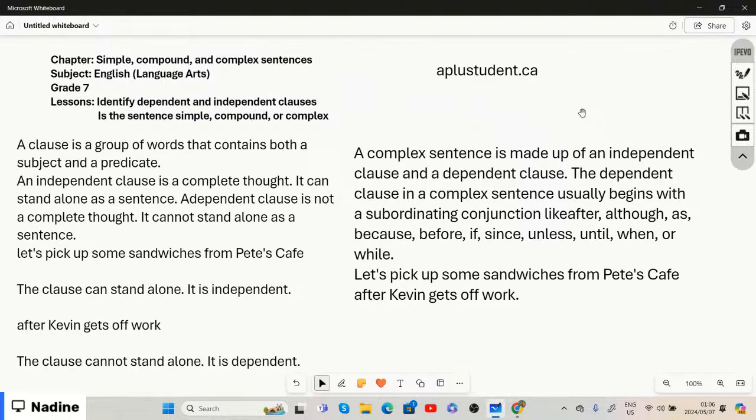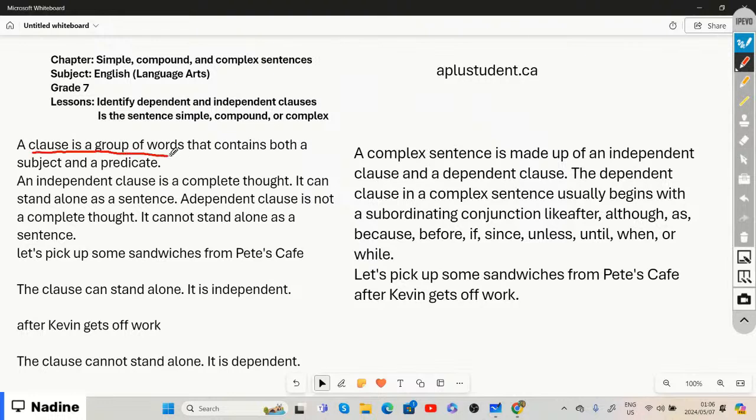All right, so a clause, right? A clause is a group of words that contains both a subject as well as a predicate. That's a clause.